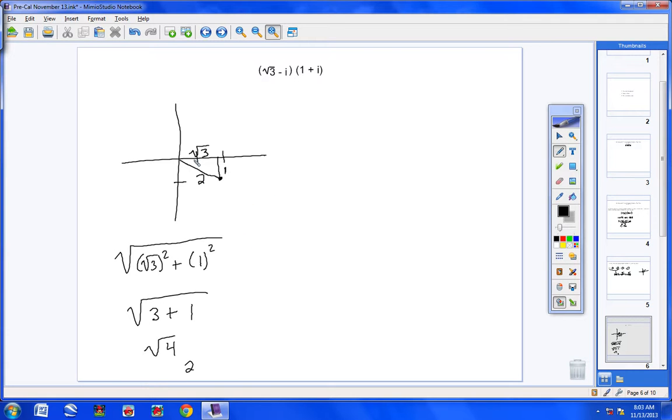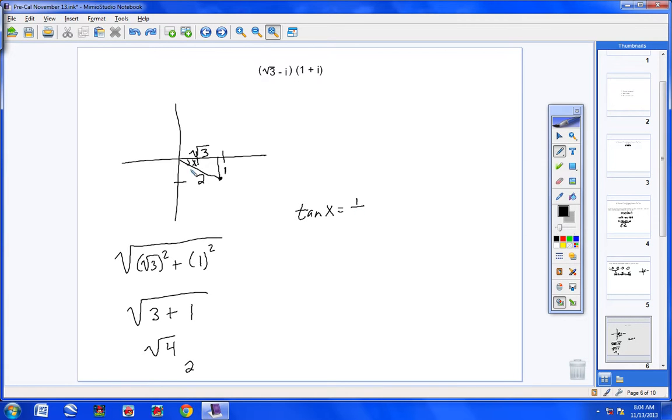Now I'm going to find this little angle right here called x. Okay? So I'm going to say tangent of x equals opposite over hypotenuse. So 1/2. So tangent of x, actually that's wrong and I apologize to you, it's opposite over adjacent, and that's my fault.